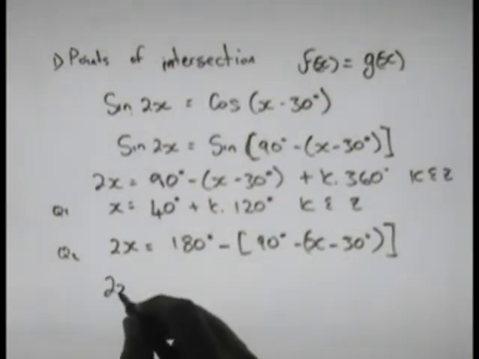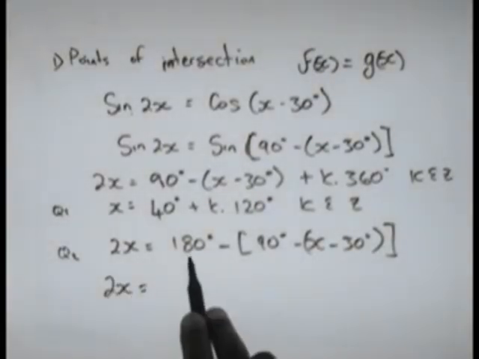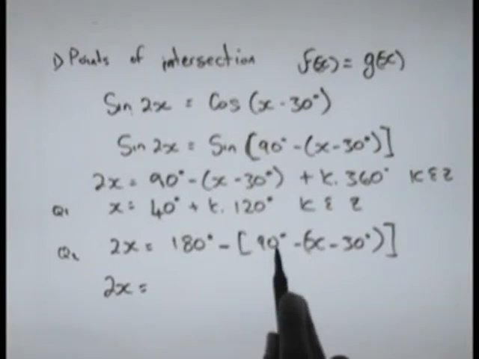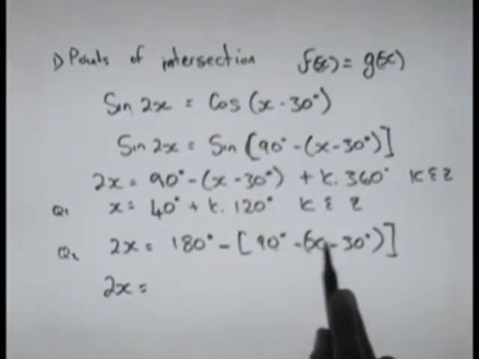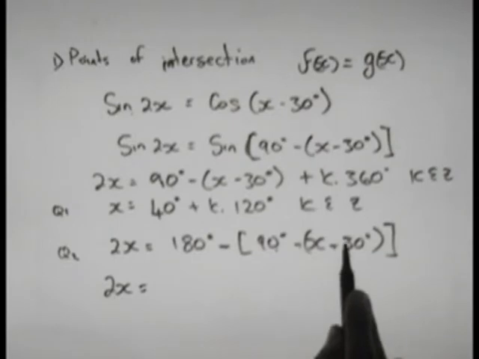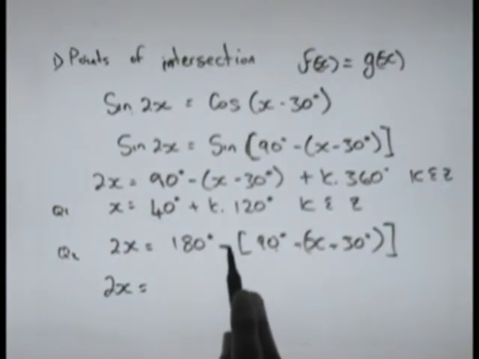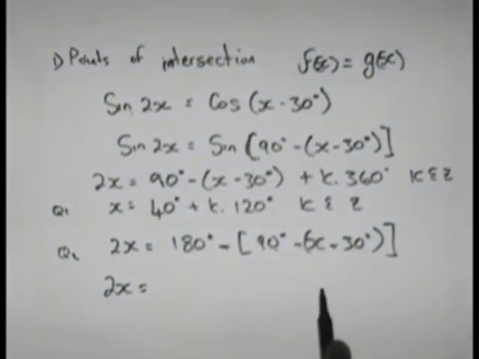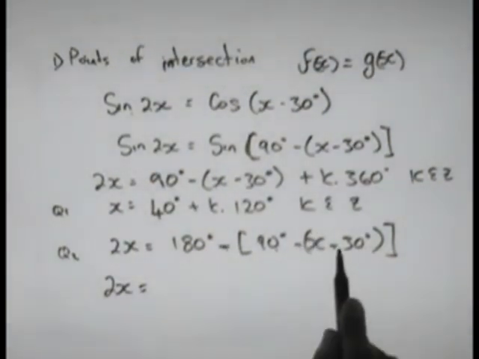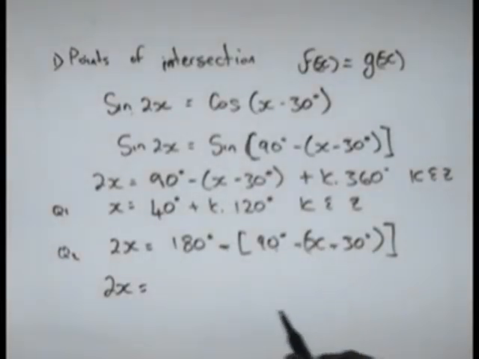This will mean that 2x is equal to 180 minus 90, minus times a minus is going to give us positive 30 degrees. 180 minus, so that's minus times the positive 30 degrees is going to give us negative 30 degrees.